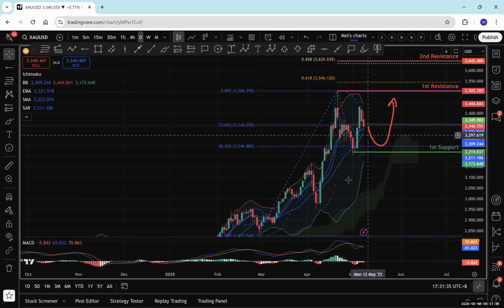Okay, now let's look at WTI. Okay, we have a question: is there a correlation between US 100 and DXY?